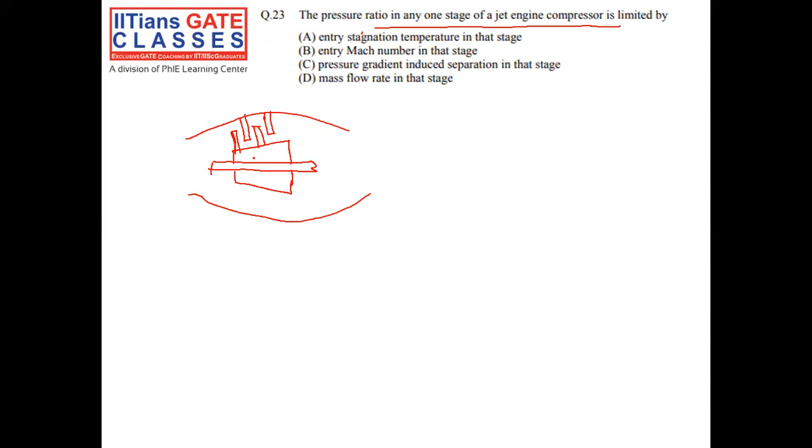So this is a schematic of a compressor. I'm not drawing the blades on the other side of the engine, so only one side I'm drawing. So this is the shaft which rotates, right? So this shaft rotates, and this and this are the rotor blades, and these blades are the stator blades, right?